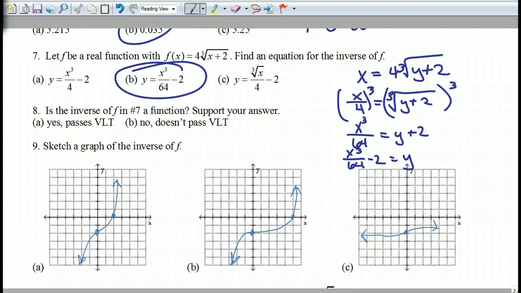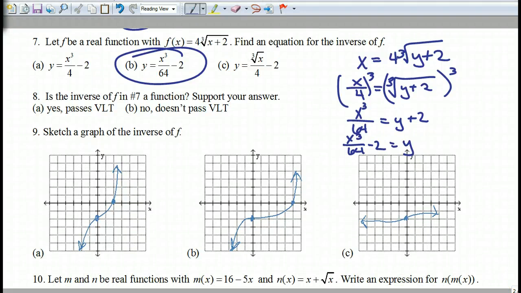So when it's asking us to do that, do we have to do the whole process? Yeah. Okay, sketch the inverse of f. The inverse of f should have been B. Oh, sorry.